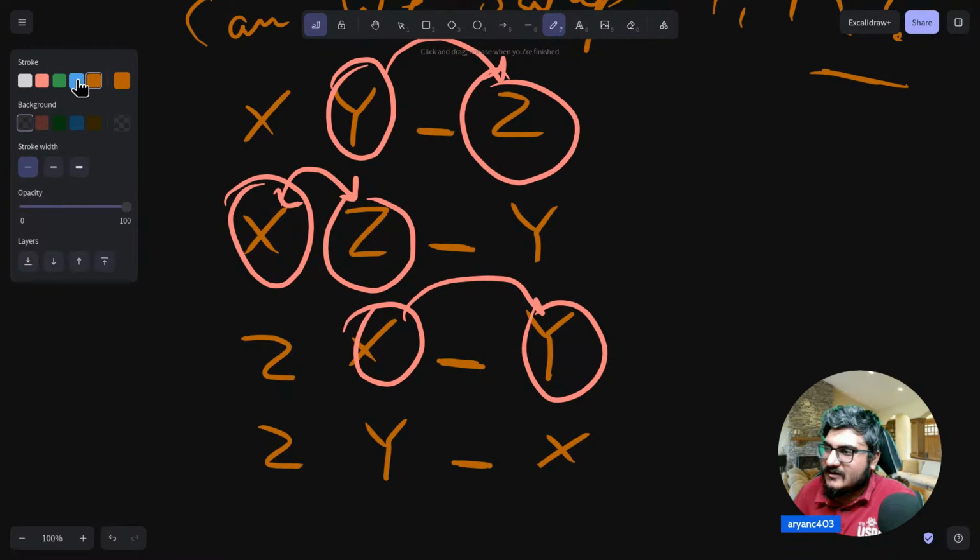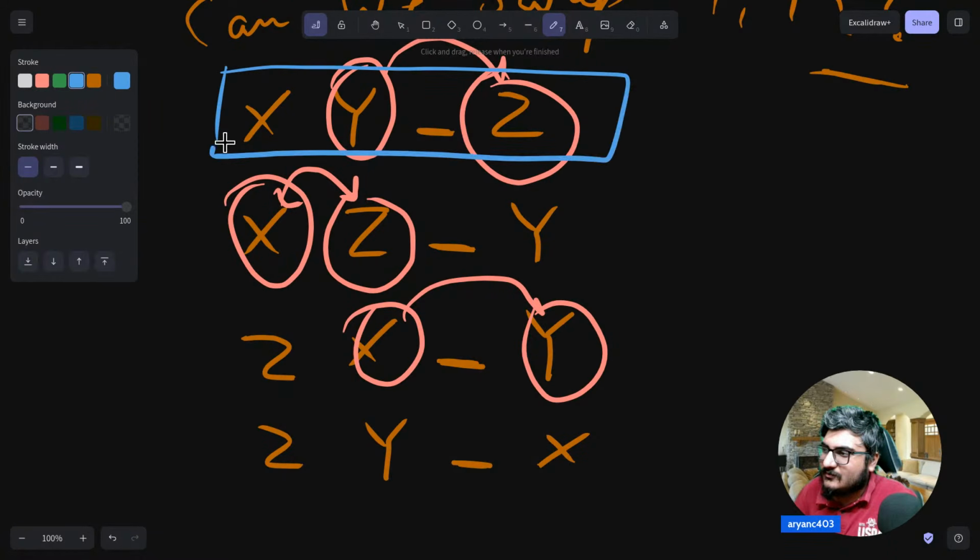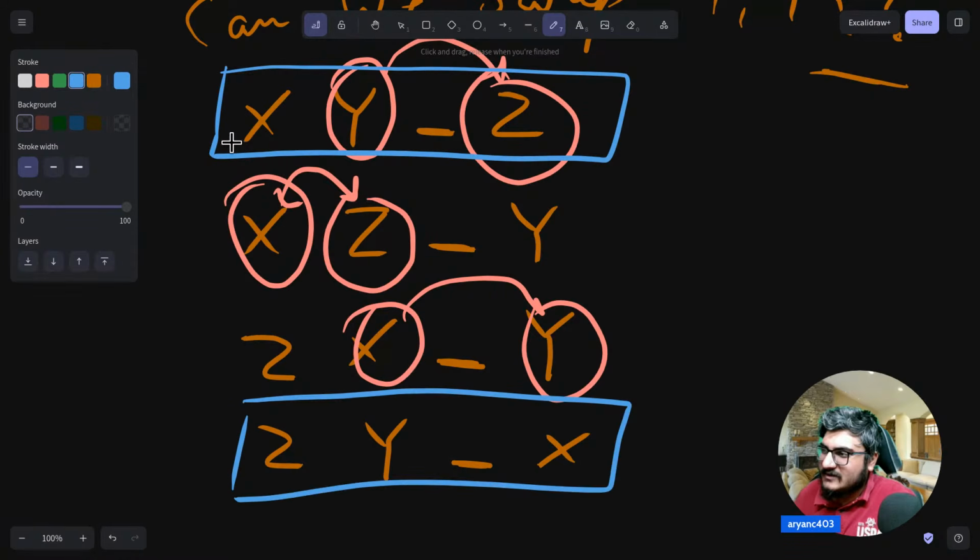So after performing these three swaps, if you observe this and this, you can see that 1 and 4 have essentially changed their position and everything else is at the same position.